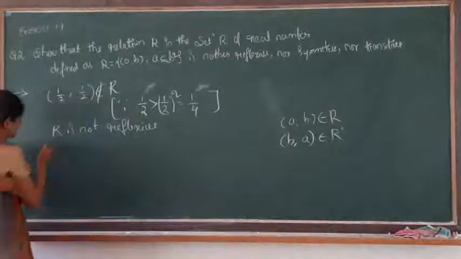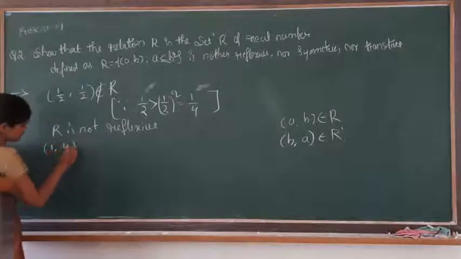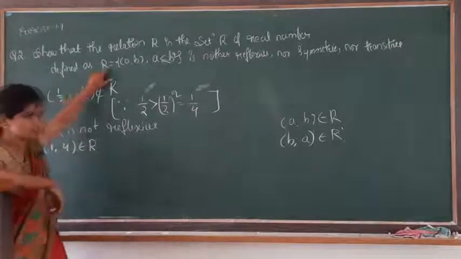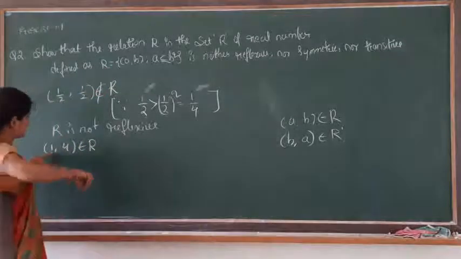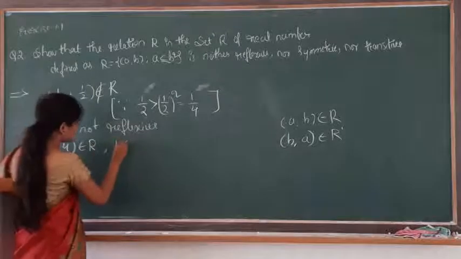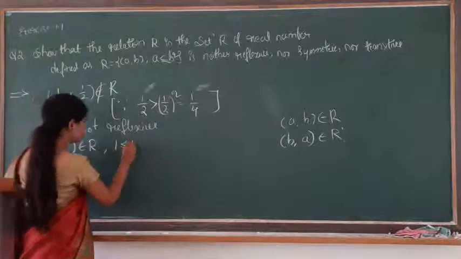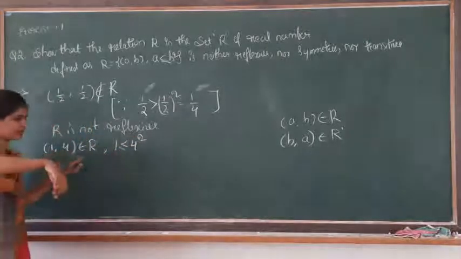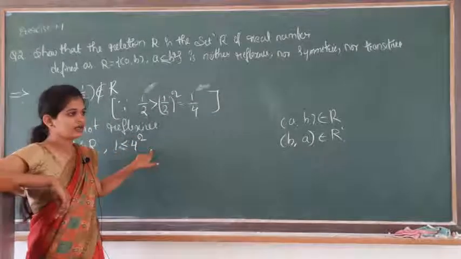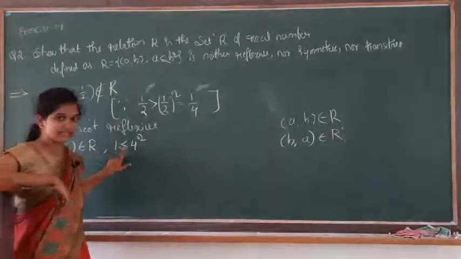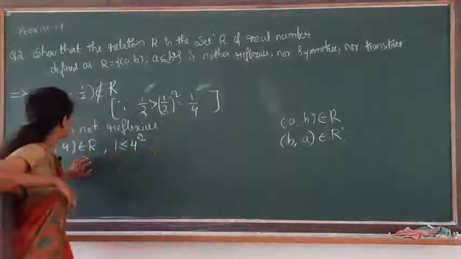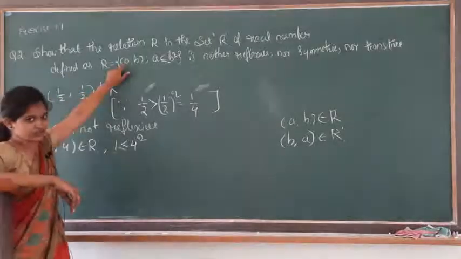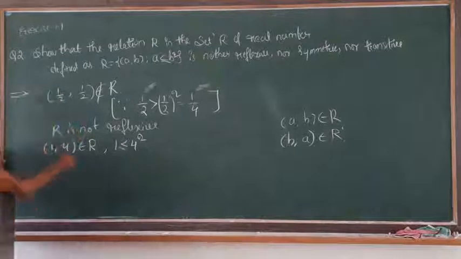Suppose I take (1, 4) belongs to R. Why? 1 is less than or equal to 4 square, because 4 square is 16. We know that 1 is always less than 16, and that's why (1, 4) belongs to the given relation.